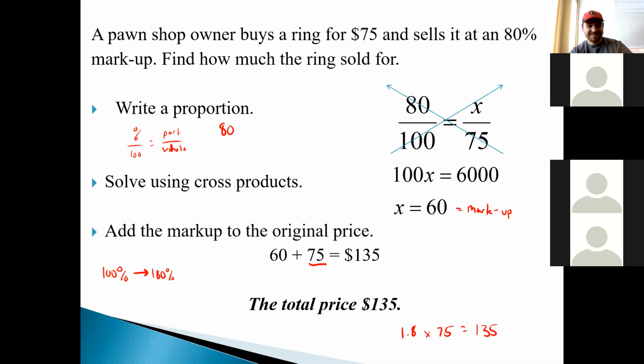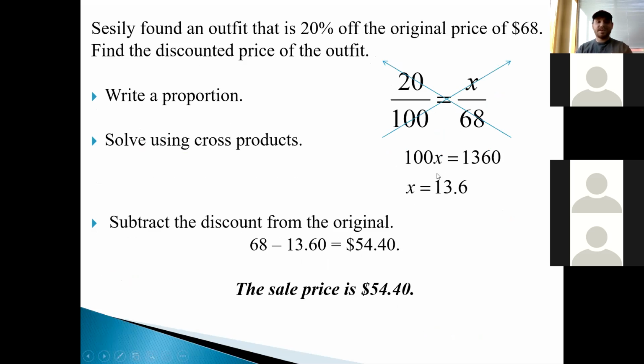No. Okay. So let's look at this one. Cecily found an outfit that is 20% off the original price of $68. Find the discounted price of the item. So once again, we write our proportion. We solve that out. We get our discount, which is 13.6 or $13.60. And then we subtract it from the original price.